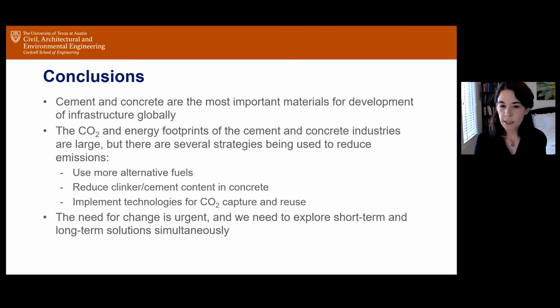The energy and CO2 footprints are large, but we have a lot of different opportunities and very different types of strategies that we can use to reduce those emissions, from the fuels to the technology in the cement kiln to the materials themselves. And it's important when we're thinking about funding directions in the future to consider both short-term and long-term solutions simultaneously, so we can hit the easy parts and the more difficult parts in good time.